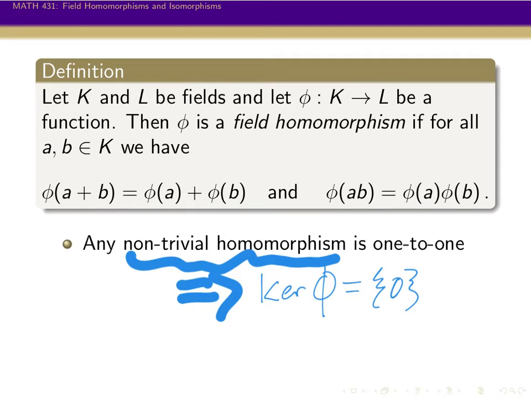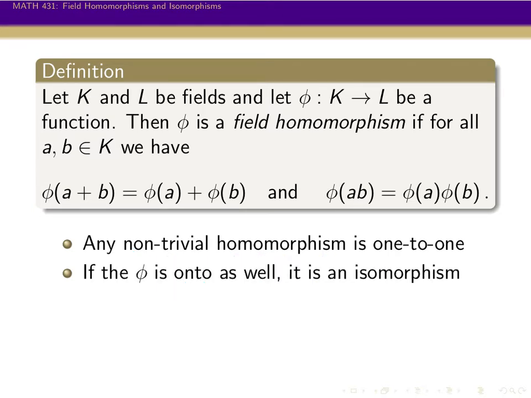There is no other ideal it could be other than the whole field. And that means that if you have an onto homomorphism, it's automatically an isomorphism, a bijection between the two fields. So any onto homomorphism is an isomorphism between the fields.